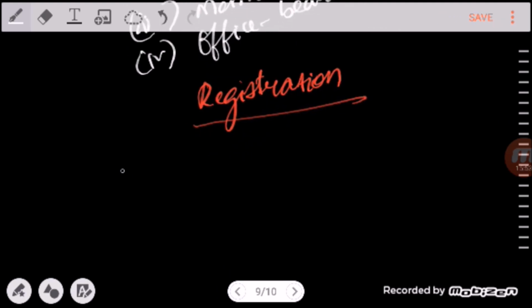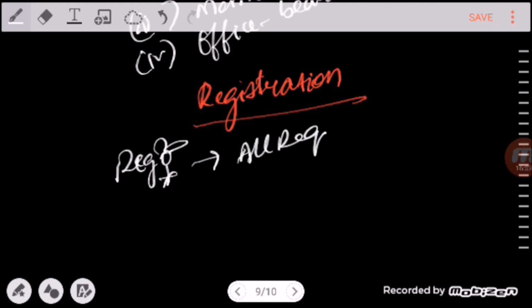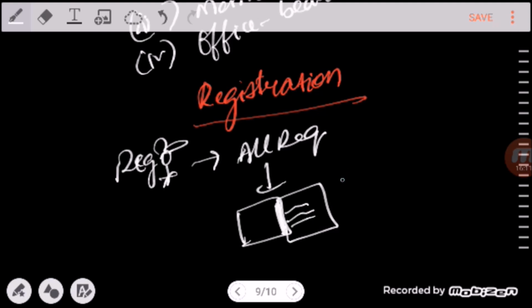This says that if the registrar is satisfied that all requirements of the act are fulfilled, he will enter the name of the trade union in the register of trade unions. Then the registration will be completed.